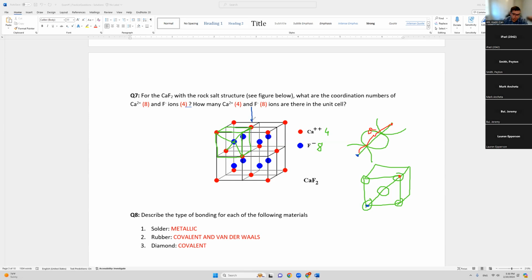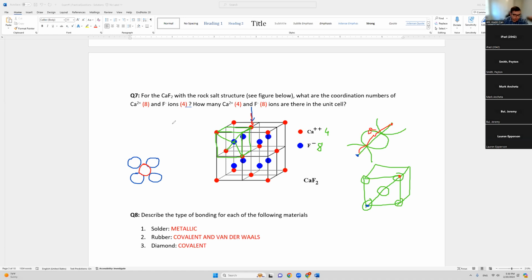If I'm looking at this unit cell from the top, these atoms will be like this. This will be how you will see this calcium ion. It's in contact with these 4 fluorine ions.